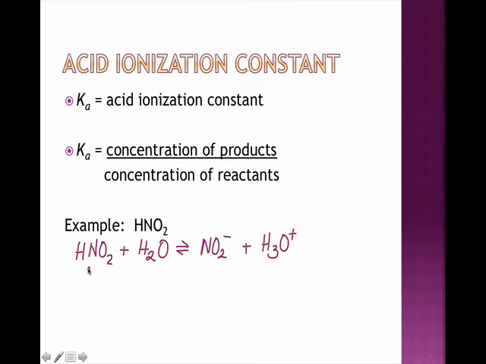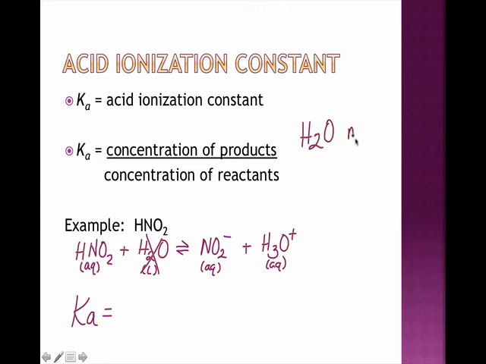So if I think about this, my acids are always aqueous. Water is a liquid, and your ions are always aqueous. So aqueous and aqueous. That means when I go to write my Ka right here, I am not going to include the liquid, which is water, and water will never be included.